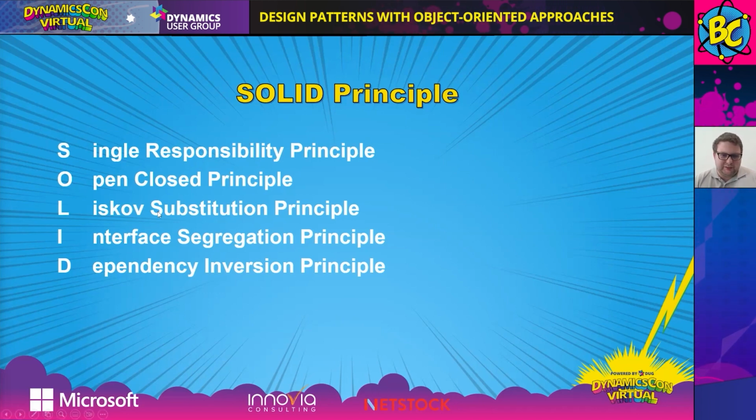The Liskov substitution principle means that if you substitute a logic, so if you use another object, for example, maybe the price calculation in Business Central, if you substitute the price calculation, it should do the same as before. So maybe it does it differently, but the outcome should be the same.